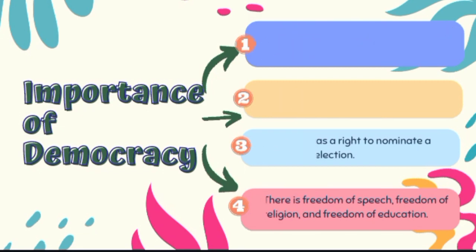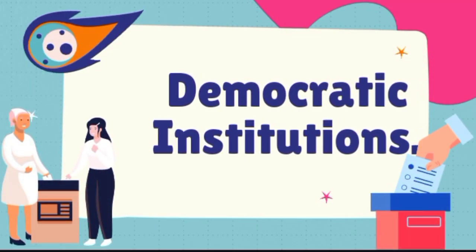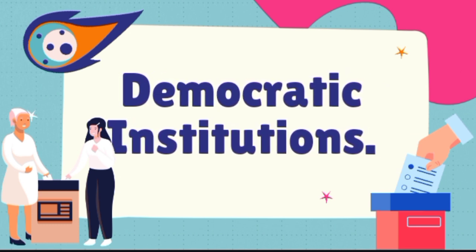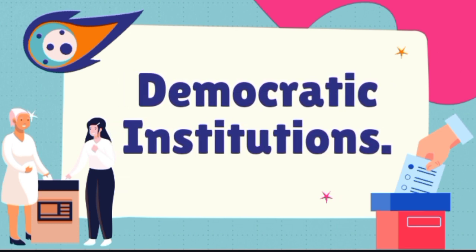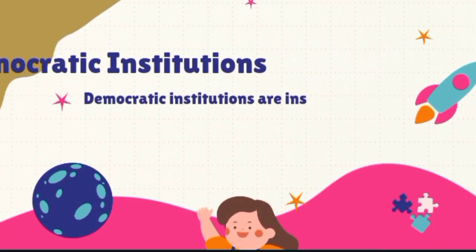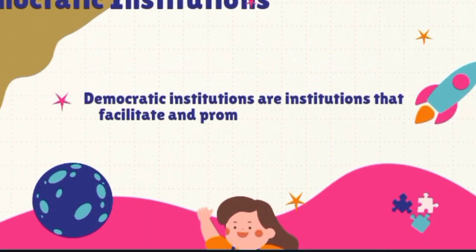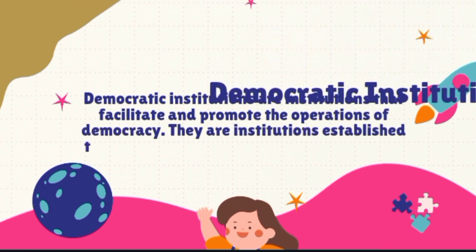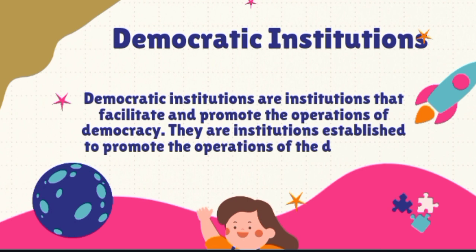Quickly, we are going to move to democratic institutions. When we talk about democratic institutions, these are organized bodies or institutions that promote the operations of democracy. They are set up to promote the operations of the democratic process.